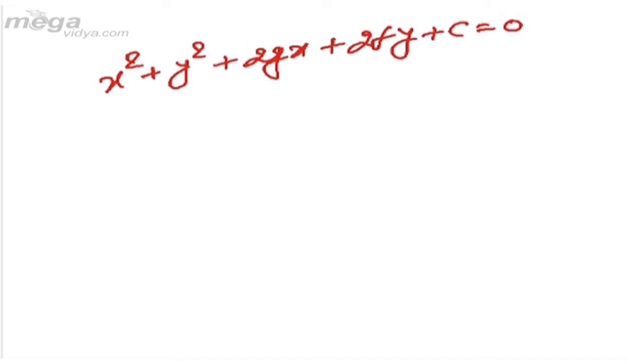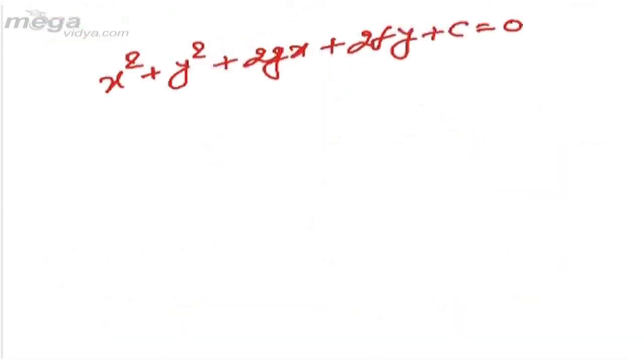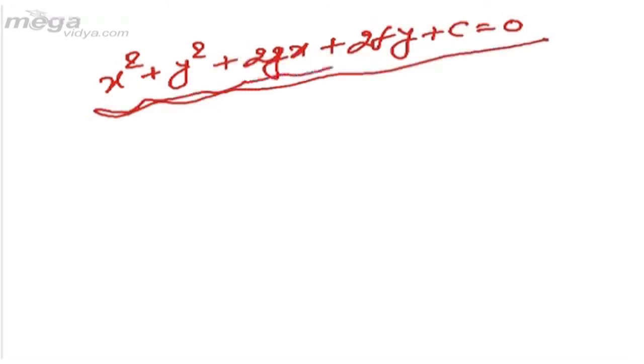And to get these three values g, f, c, we need three equations in terms of g, f, c, and those three equations we will find by using the condition that the circle is passing through (0, 0), (a, 0) and (0, b).